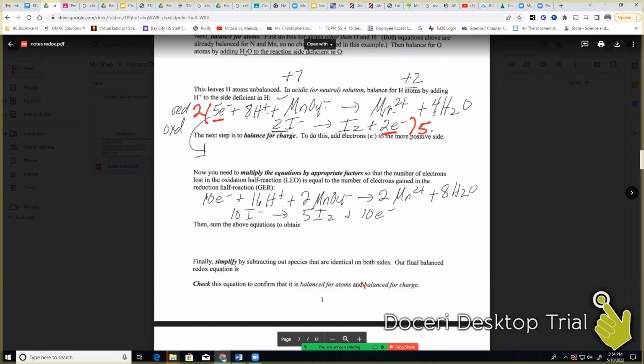And let me go back a minute. This right here, this step is your balanced half reaction. So if I ask you for your balanced half reactions, this would be your balanced half reduction. This would be your balanced half oxidation. Right through here. That is before you multiply by a number to get your electrons equal.